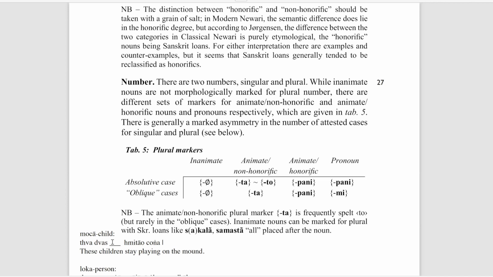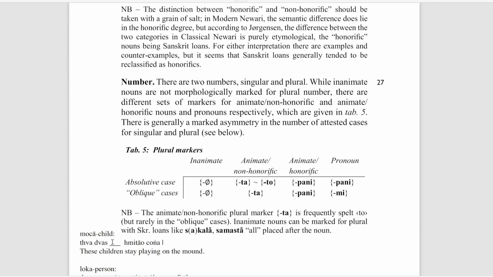So who would like to try how to turn moja, the child, into plural? So the singular is moja or muja, that's child, and we need a plural form for it. Mojado. Yes, exactly.